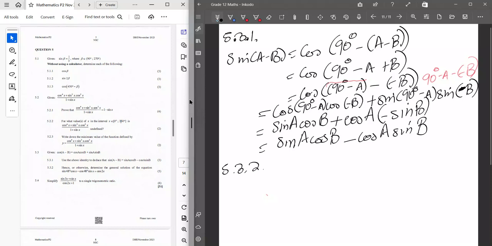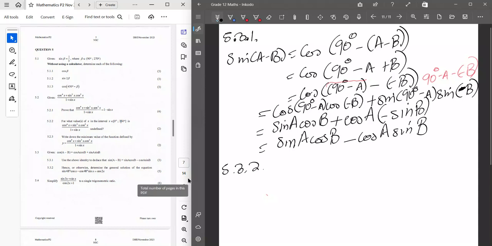5.3.2, they say, hence or otherwise determine the general solution of this equation. Okay, so let's see now. This is interesting, guys. You see now you have sine 48 cos x minus cos 48 sine x. It's basically the repetition you have here.